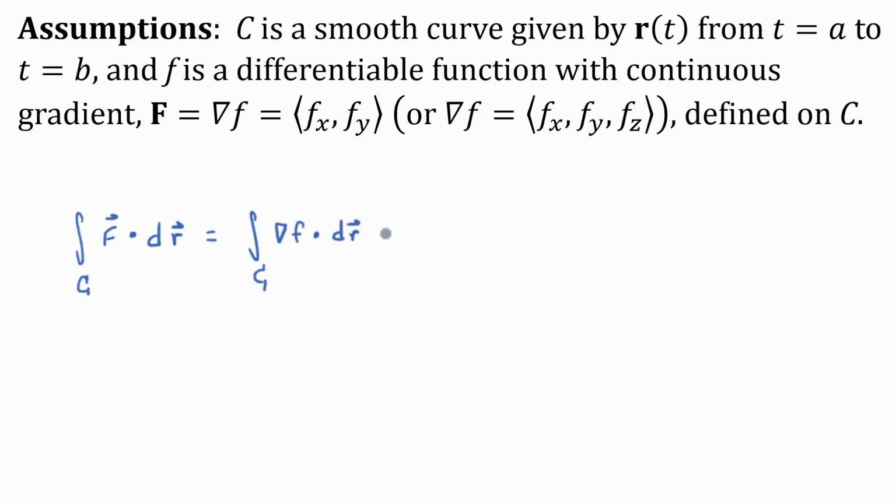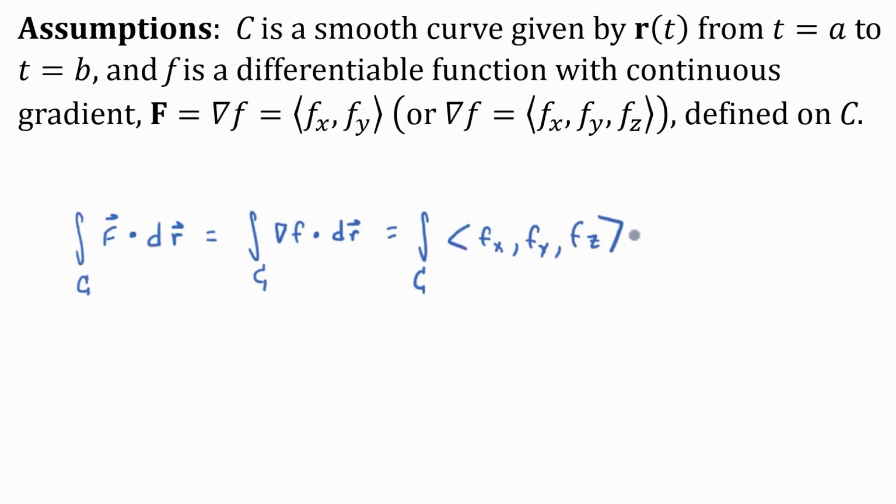And then we're going to put in component form both of these vectors. So we're going to rewrite this as the integral over C of del f. Well, del f is a vector of partials, f sub x, f sub y, f sub z. These are partials with respect to x, y, and z, respectively.